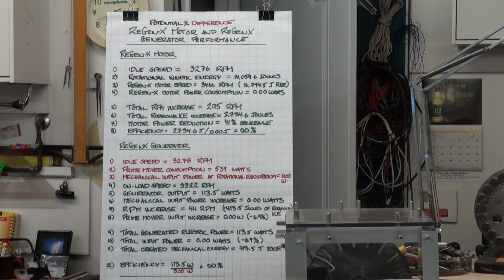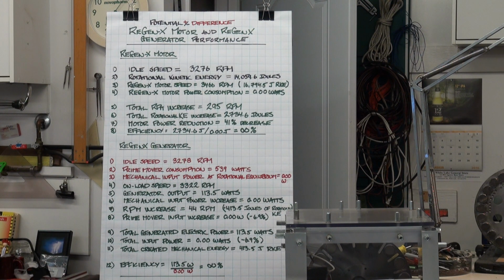The ReGen-X motor consumption is 0 watts. The total RPM increase is about 295 RPM, a 2,700 joule increase in rotational kinetic energy.